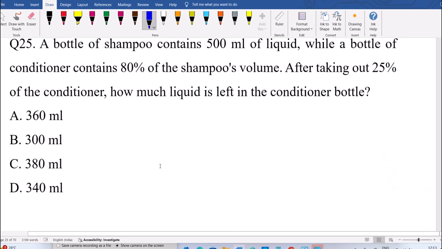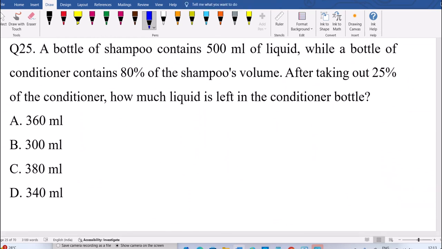Now, mixtures and alligation. Try this question once. What did they say? A bottle of shampoo contains 500 ml of liquid, while a bottle of conditioner contains 80% of the shampoo's volume.